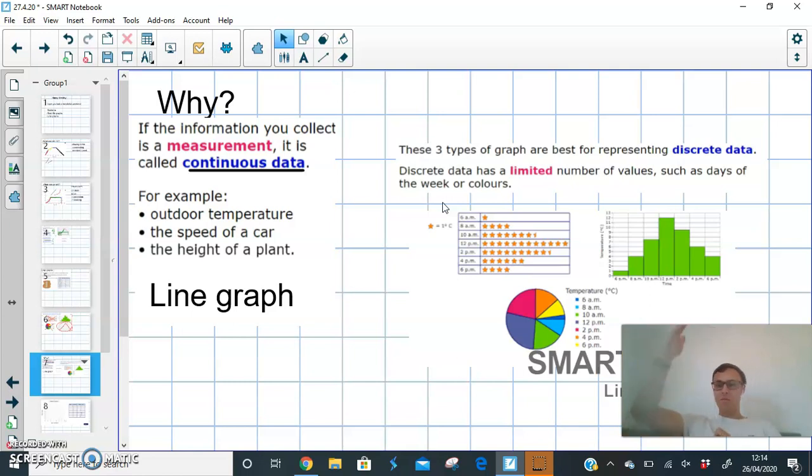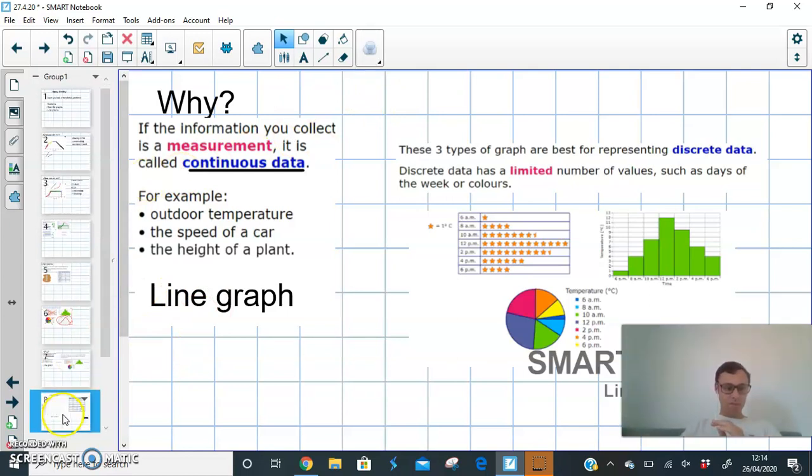It's either 6 a.m., 7 a.m., 8 a.m. Okay, for measuring those. So that's discrete data, can't be measured, it's set. Continuous data can be measured, there's almost a whole range of values it could be, okay? So continuous, I think it's continuing, so it's quite easy to remember, and discrete is not.